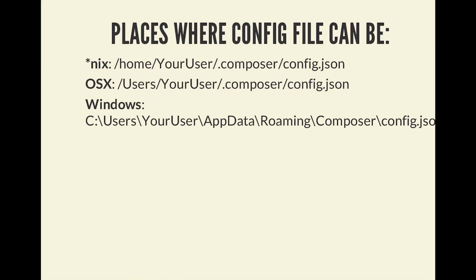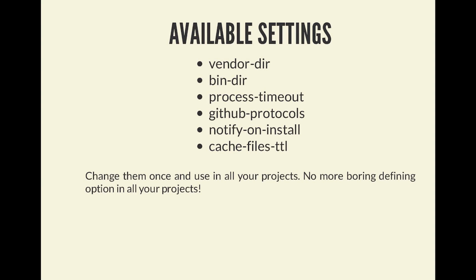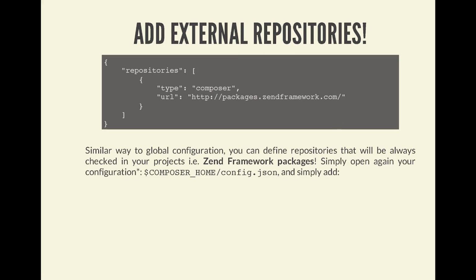It holds the default place like home user Composer for Linux. Those are the default paths for Composer config JSON, which holds basic information for Composer.